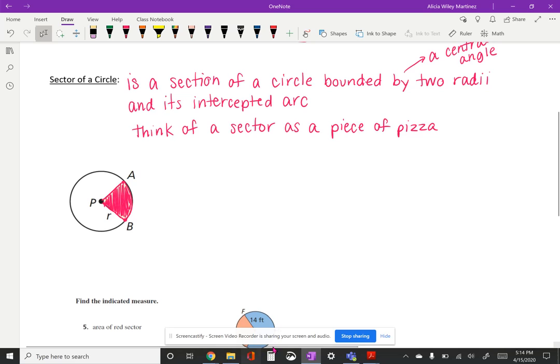Okay, so an area of the sector is just a portion of a circle. So it's part of a circle. One thing that you're going to see when I do the formula is the area of a circle formula in this formula.